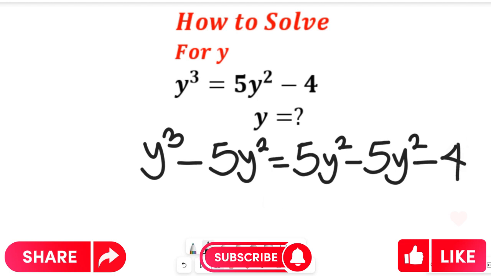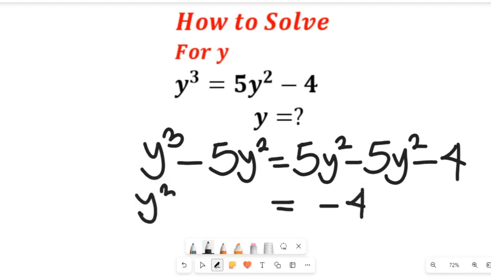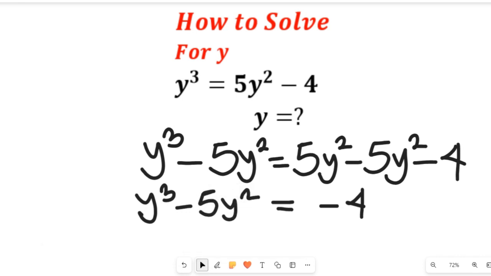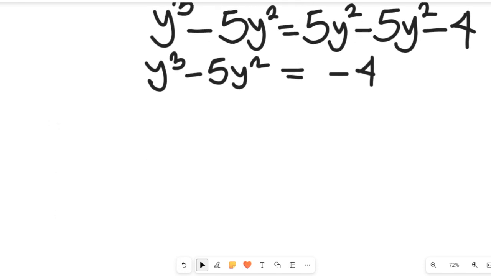This other end will give us negative 4, and this end will give us y to the power of 3 minus 5y squared. Now, having done this, we are going to add 4 to both sides.